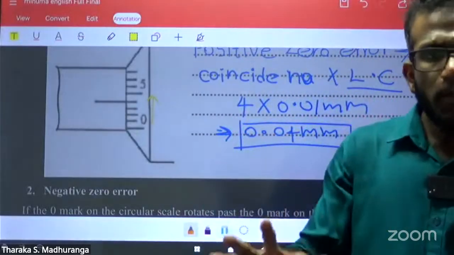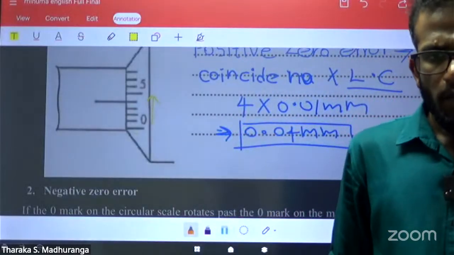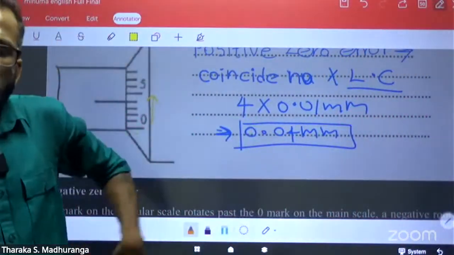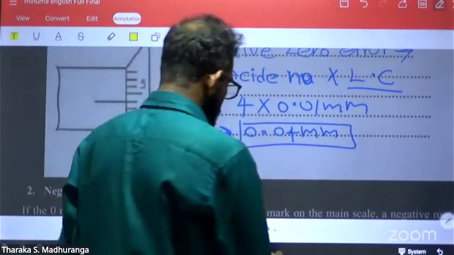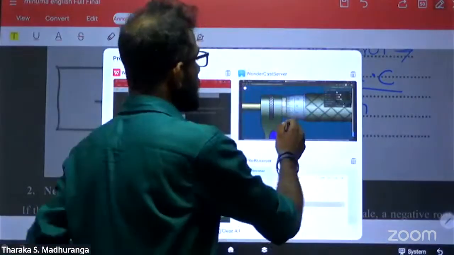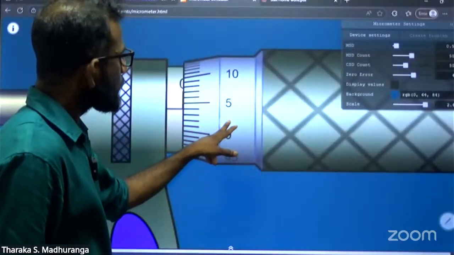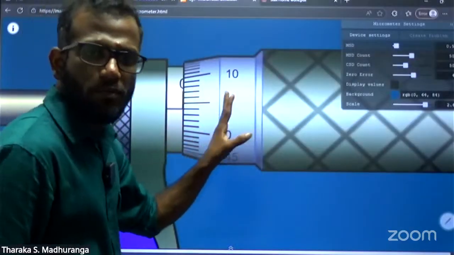Okay, final point on positive zero error. Think, if any instrument has positive zero error, the positive zero error value is 0.4 millimeter.